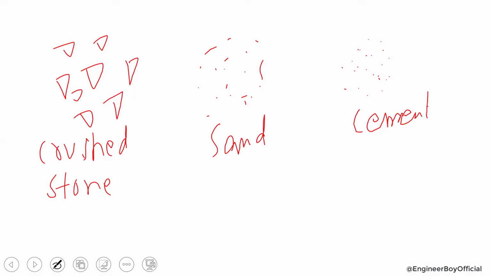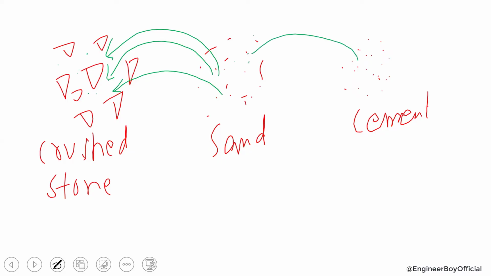Sand is known as the fine aggregate. Now, if you carry the crush stone, there are spaces, maybe voids. These voids are filled with the quantity of sand. And even the voids in sand are filled with the quantity of cement. So this is actually the basic approach.